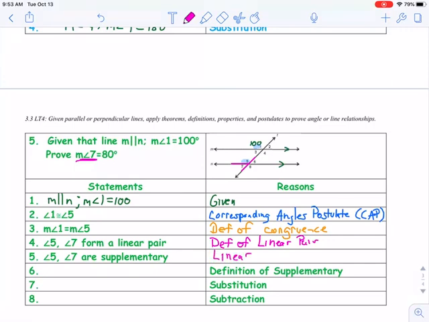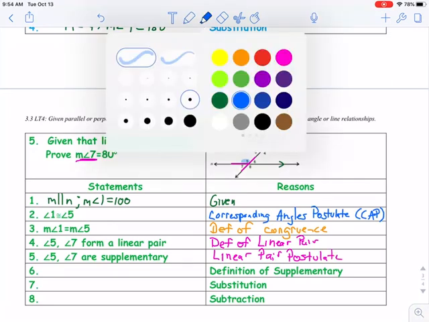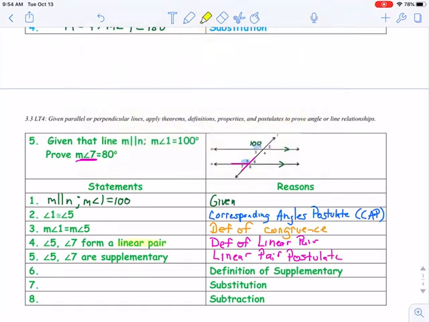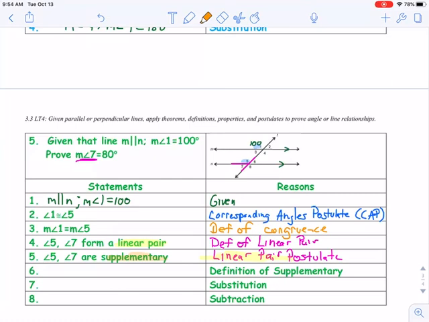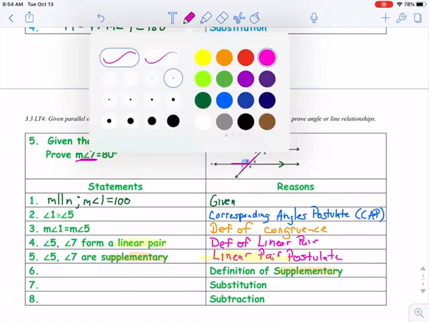So remember buzzwords. When we say a famous word that we talk about a lot in class, such as linear pair, chances are we're going to use the postulate. Again, linear pair postulate. Now, supplementary is next, and I'm talking about the definition of supplementary.